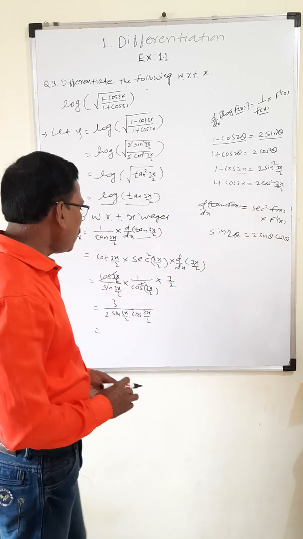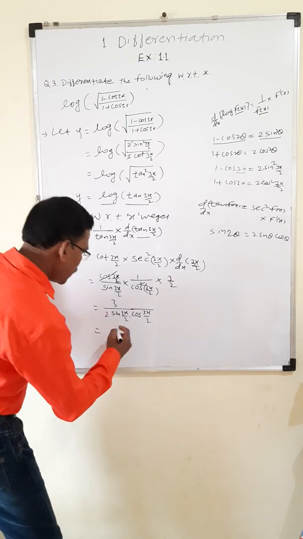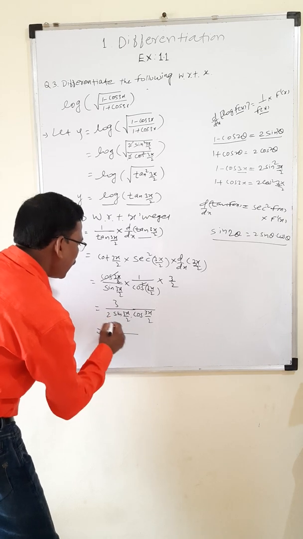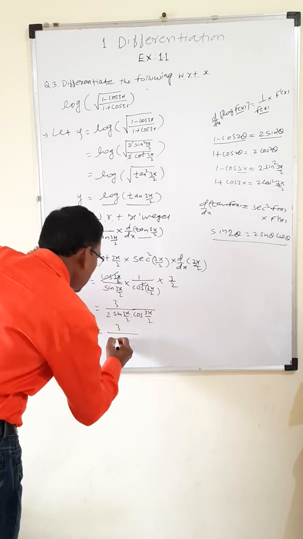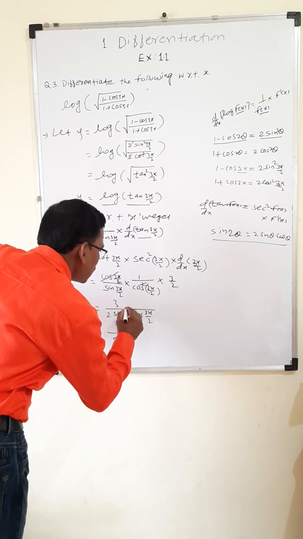So in the same way, take its double. By using this double angle formula, it gives sine 2 theta, where theta means 3x by 2.